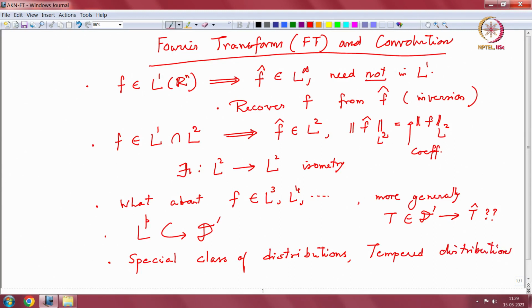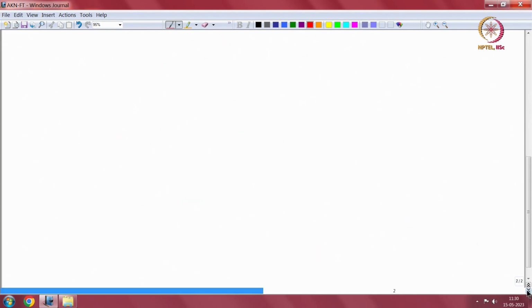And that will be the class where you will be defining the Fourier transform, and that tempered distribution class contains all the L^p spaces. So, that way you can extend your Fourier transform concept to the general setting. All right. So, let us do something. How do we go about it?